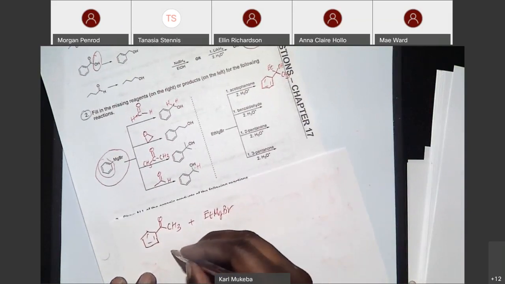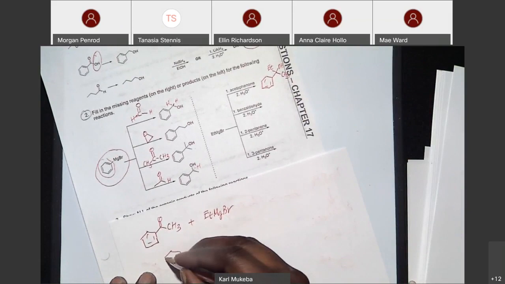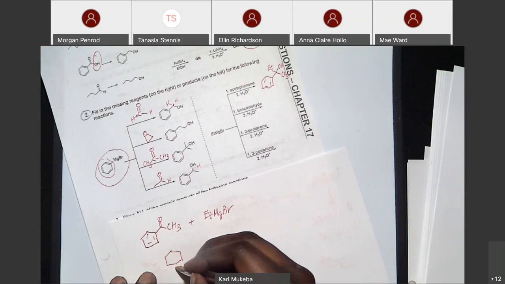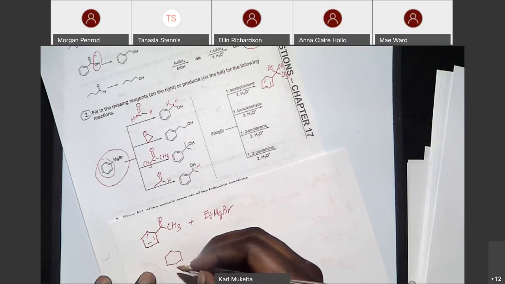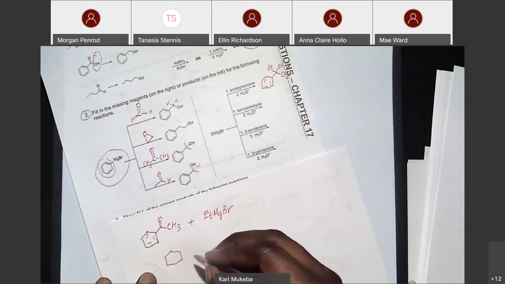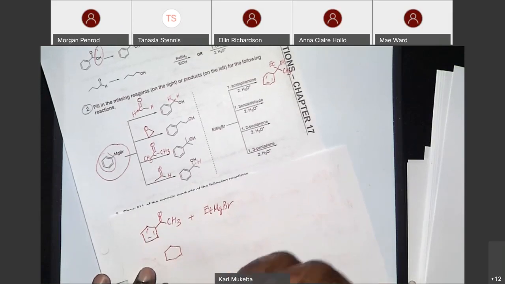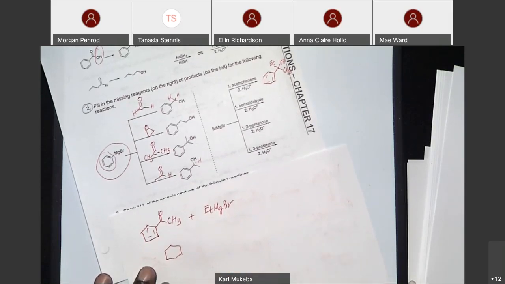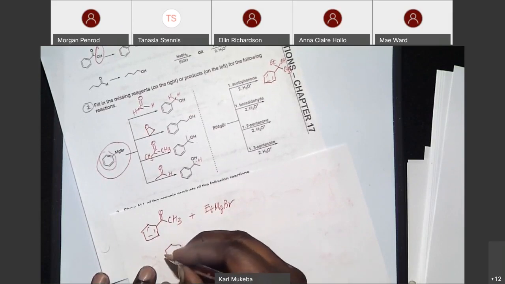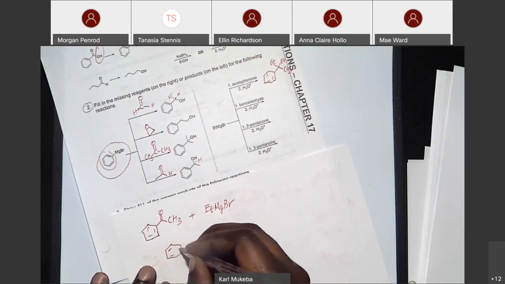Benzaldehyde, what is that? We draw the compound of benzaldehyde. So what will be your structure? First of all, you have to go from name to structure. So we draw our structure.